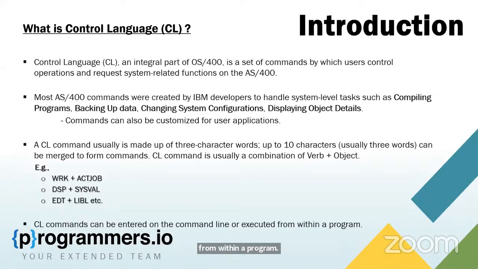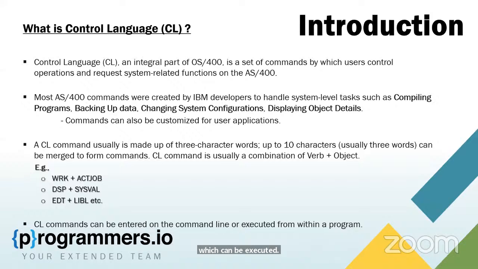These are the commands which can be entered on the command line, or we can have those executed from within a program. The program which we create using CL commands is nothing but a group of CL commands which can be executed to achieve certain tasks.